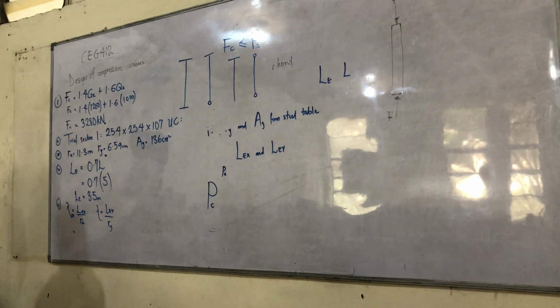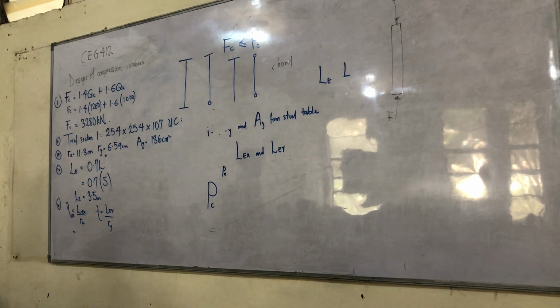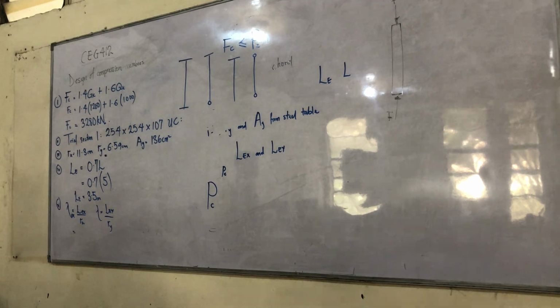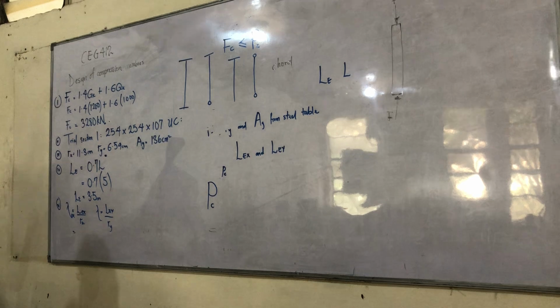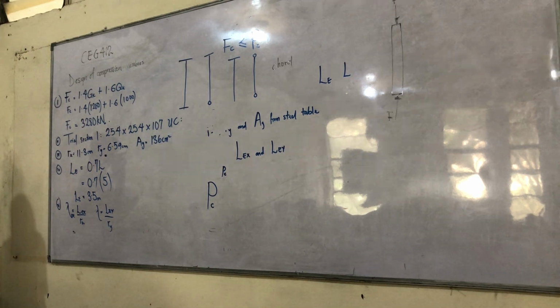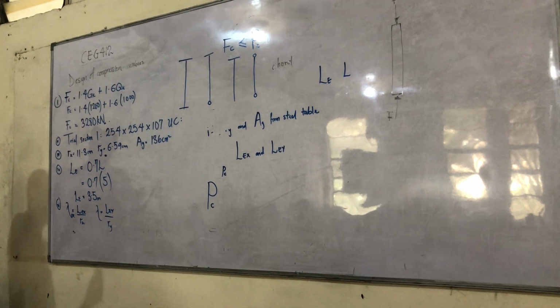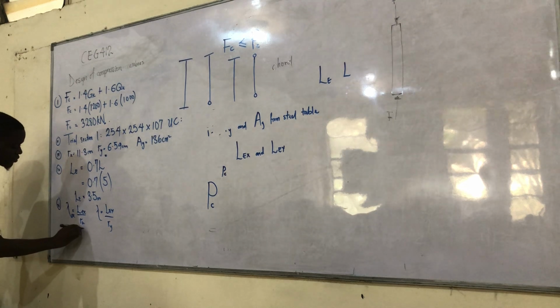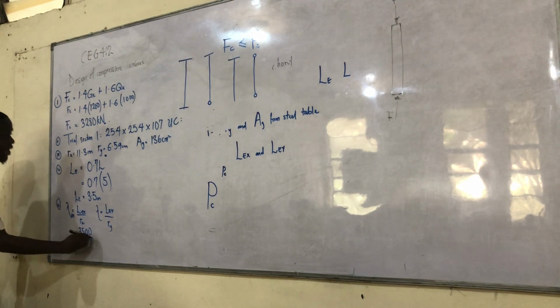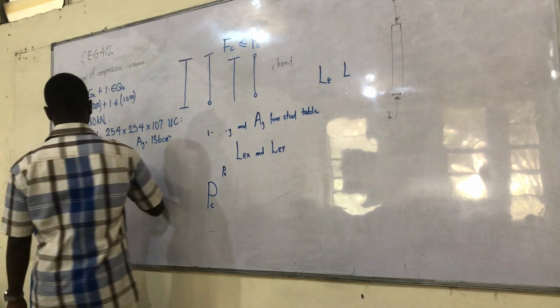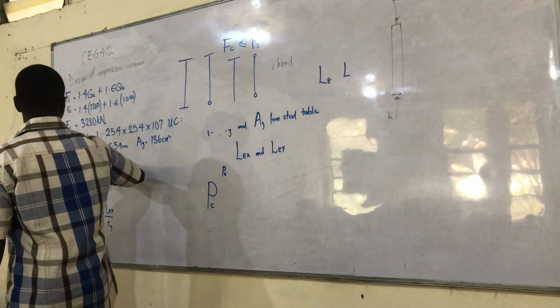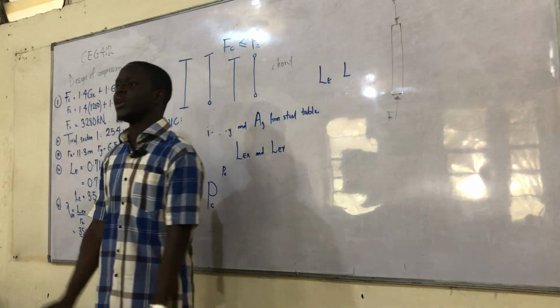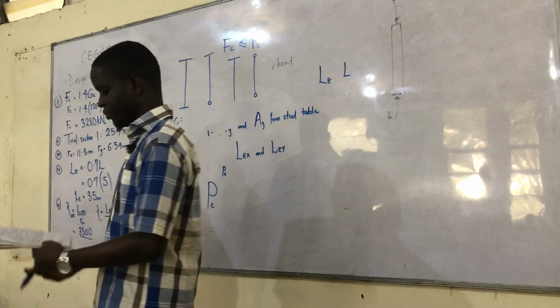Now, when we are doing this thing, we try to work with the smallest unit. Millimeter is the smallest now, right? So, what's our LEX in millimeter? Now, this RX, which one are we doing first? RX. Convert RX to millimeter. What do we have?